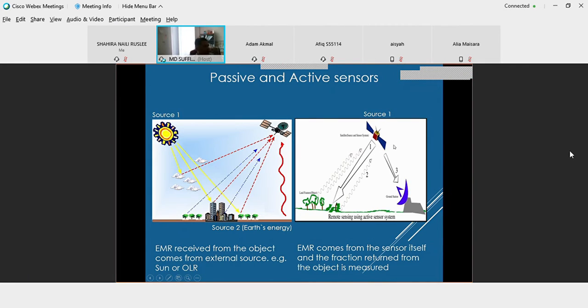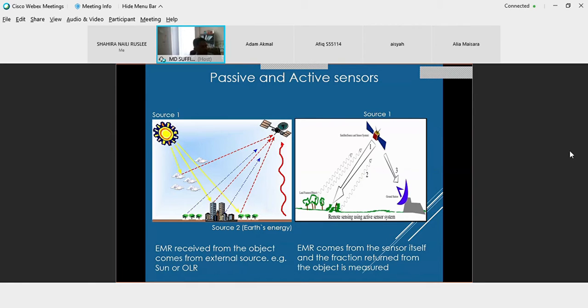And then passive and active sensor, saya dah terangkan itu. Bila saya sebut passive, that means it depends on the solar radiation. And for the temperature, it depends on the emission of long wave radiation.